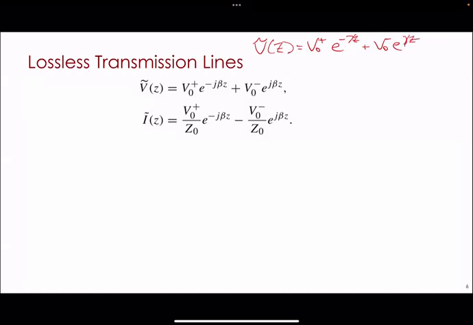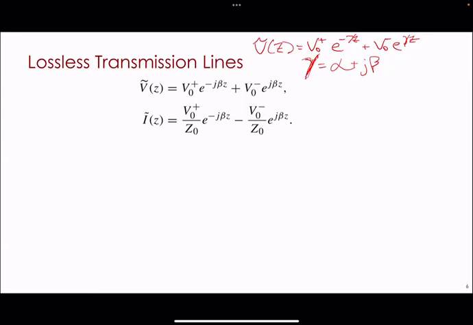And gamma equals alpha plus j beta. Alpha, our attenuation constant, beta, our phase constant, gamma, our propagation constant.